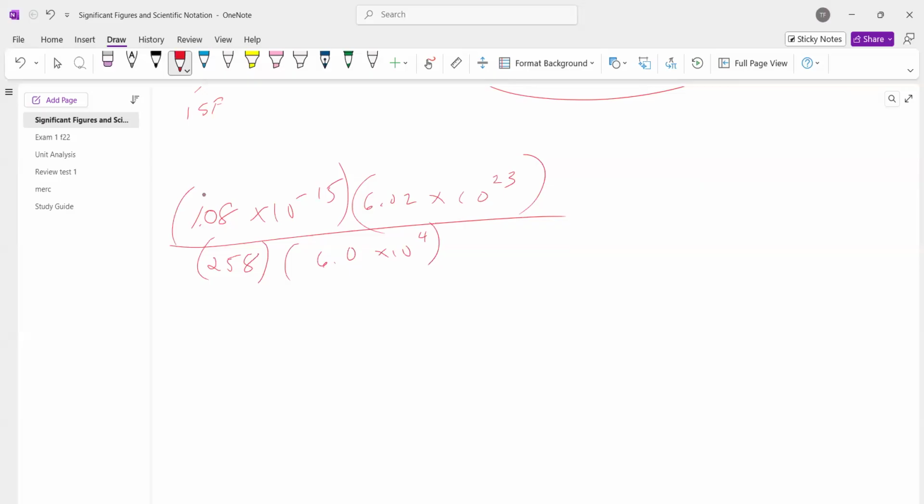The way we're going to do this, I'm going to do it by keys. Is that a minus, the exponent on the 10? Yes, the exponent is minus 15.